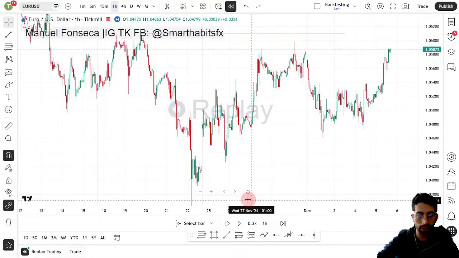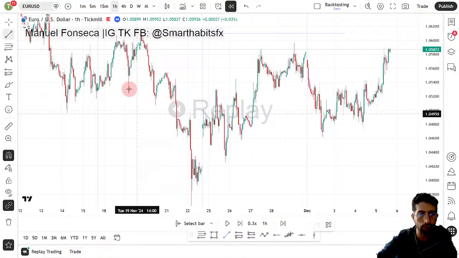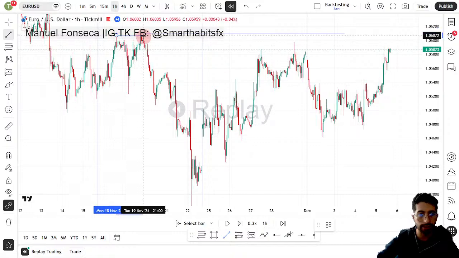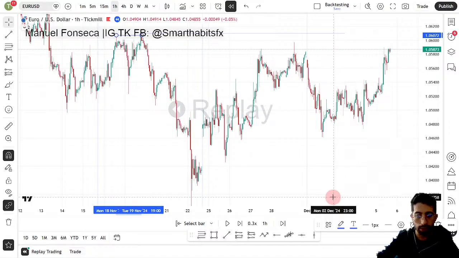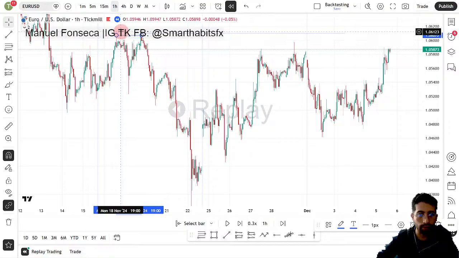Now, here we got the confirmation of the liquidity sweep. So here is the liquidity being taken. When I say liquidity, remember that it's money that has been taken by the price with a candle wick especially, or with the body of the candle as well. Once we have this liquidity sweep of the swing high, which is the highest point in the market at this level, we have the break of structure here.